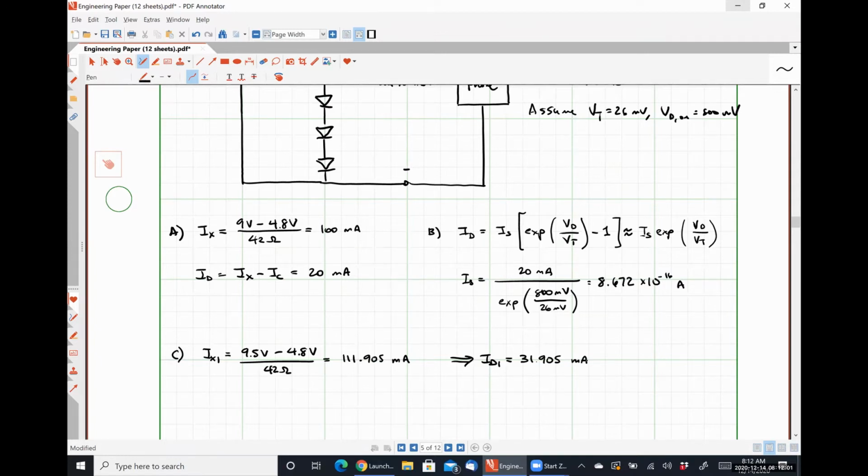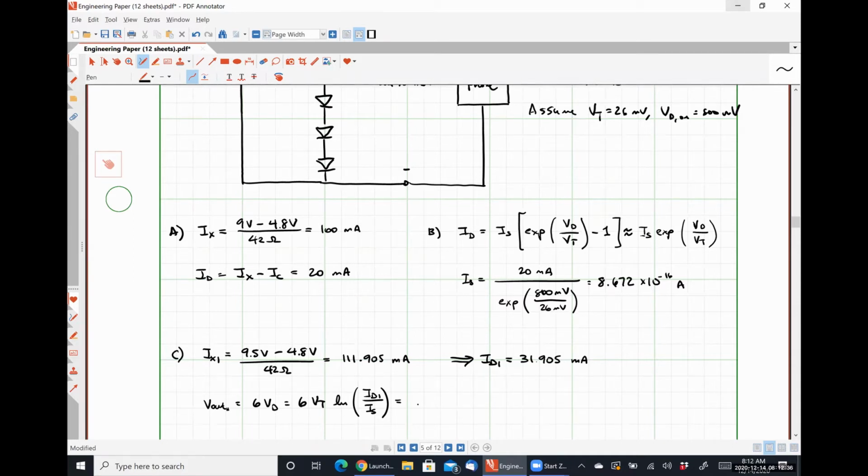And now that we know what this diode current is, under that assumption, we can calculate a new V out, right? V out, guess one, is going to be 6 VD, which is 6 times our thermal voltage times the natural log of ID divided by IS.